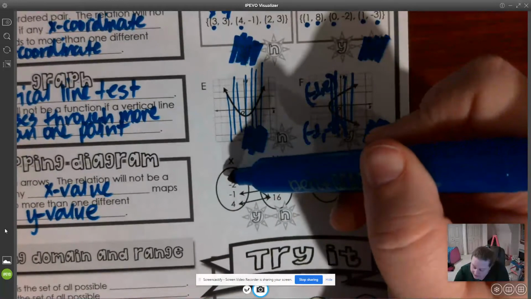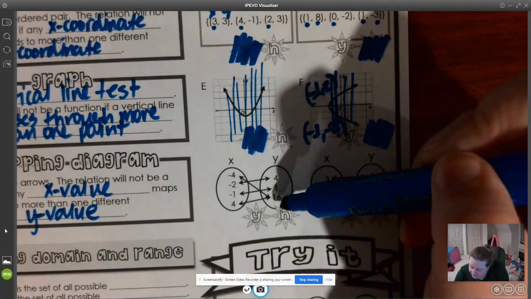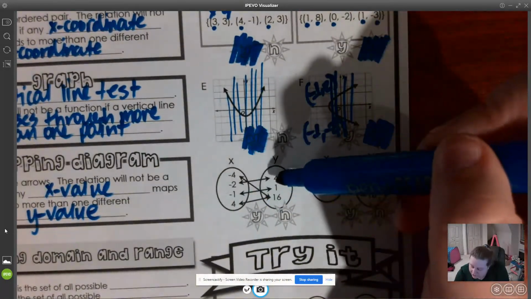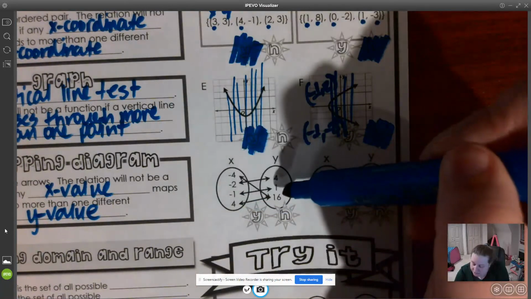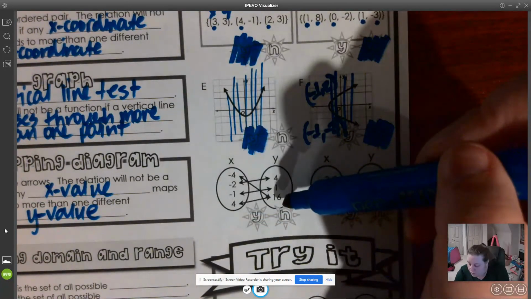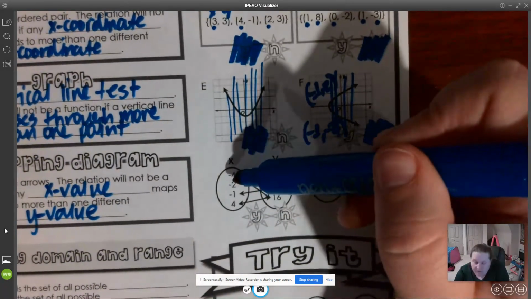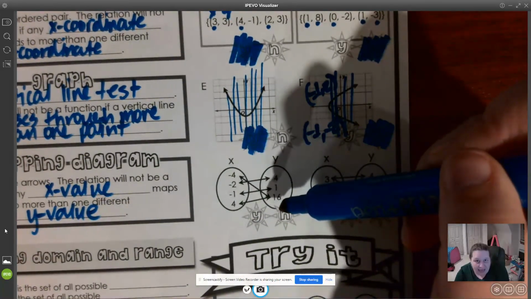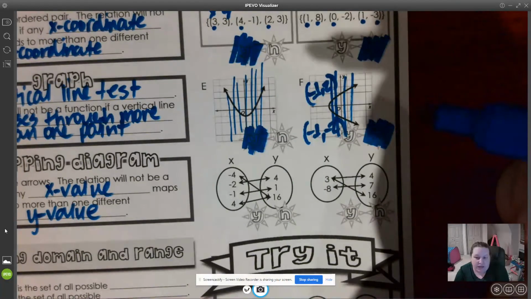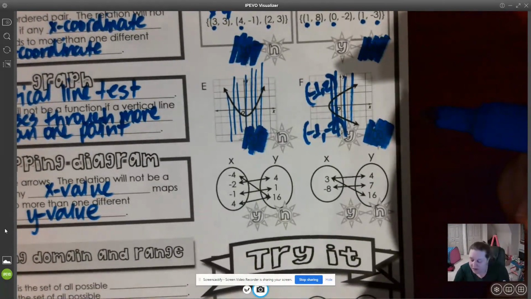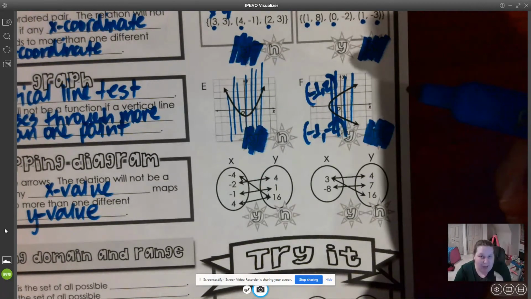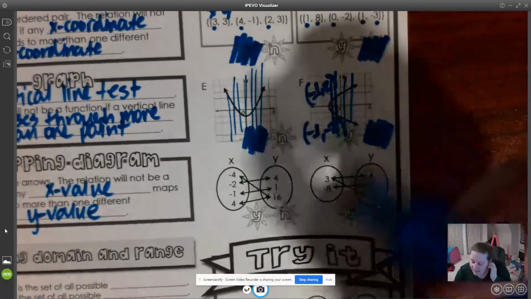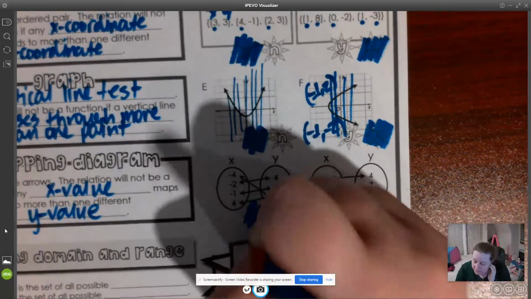So I start with -4, only has one arrow to 16. -2 goes to 4. -1 goes to 1. 4 goes to 16. Now, even though -4 and 4 are going to the same output, that's okay. That's like going to a vending machine, and if you hit B4 and B -4, they both have almond joys. That is possible. So this would be a function.